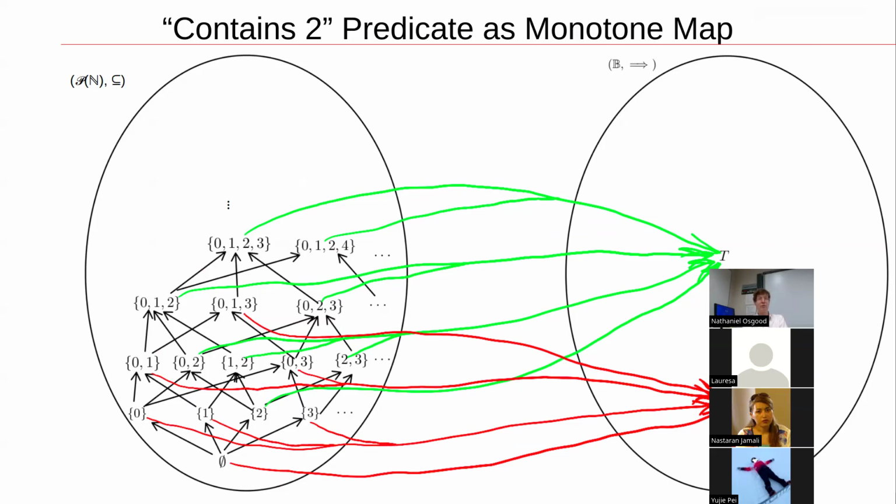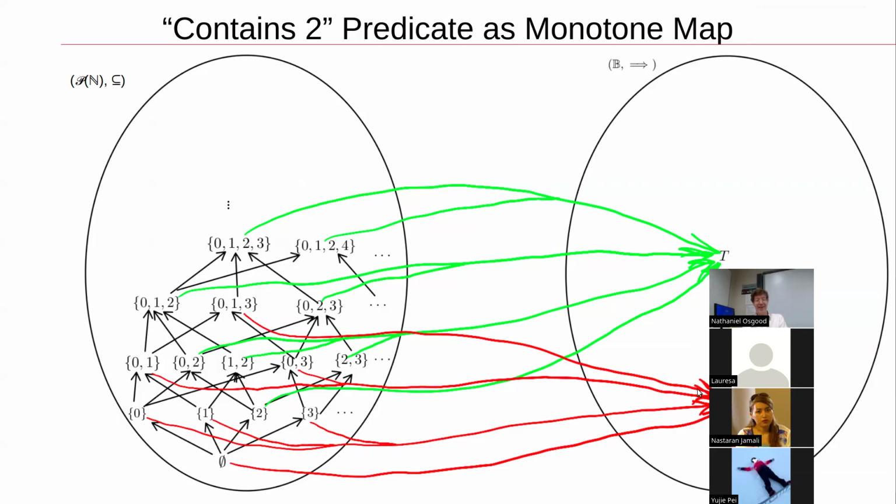False, so it goes to false. Here the ordering is different, right? Here it's a question. So this is mapping over to true and false. This is a good question.